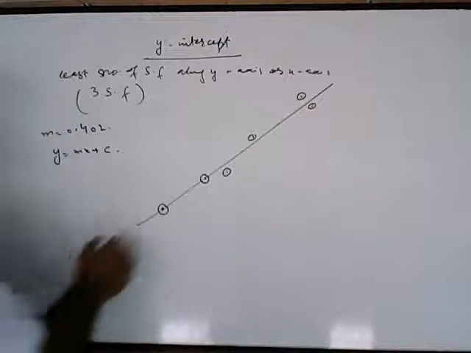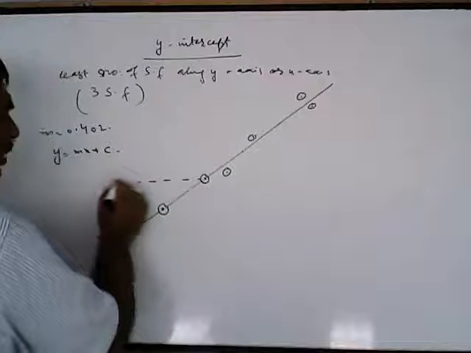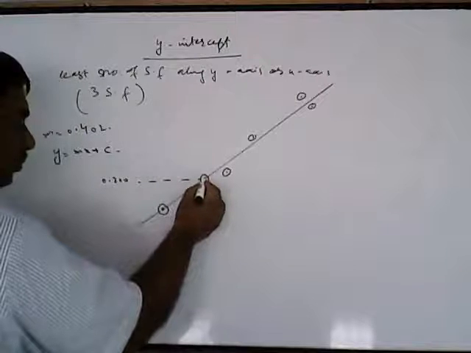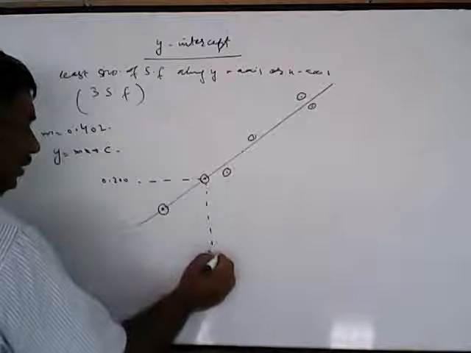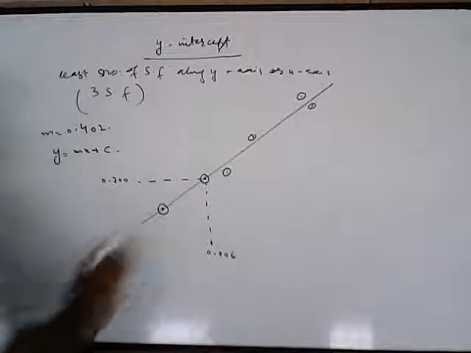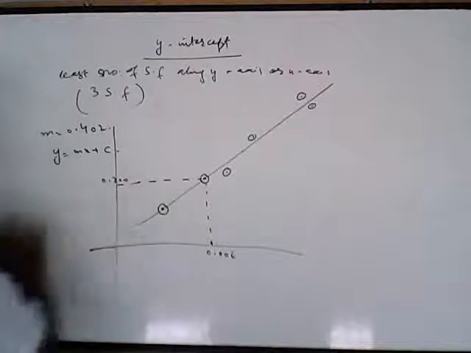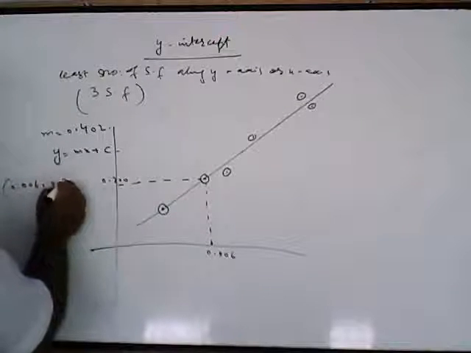Sometimes what happens, suppose this was the point, supposing this is exactly 0.200, and this point is suppose 0.006. I am supposing these values are on the x-axis and this is on the y-axis. So the point is 0.006, 0.200.